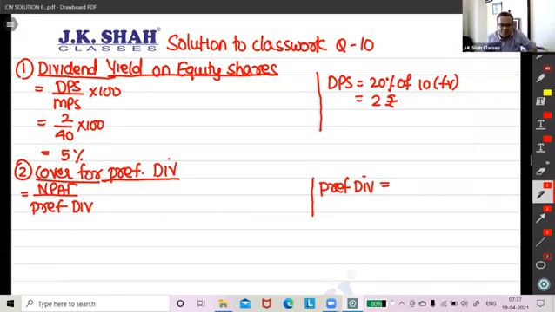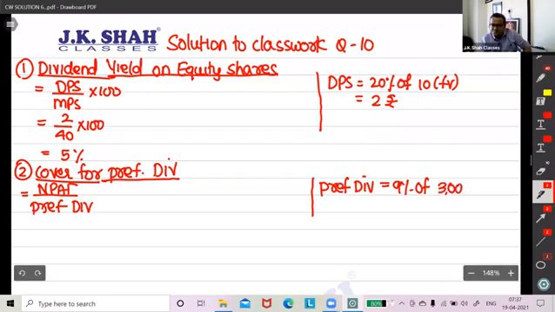So what is the rate of preference dividend? 9%. 9% of 3 lakh comes to 27,000. Okay, so now let's complete this.